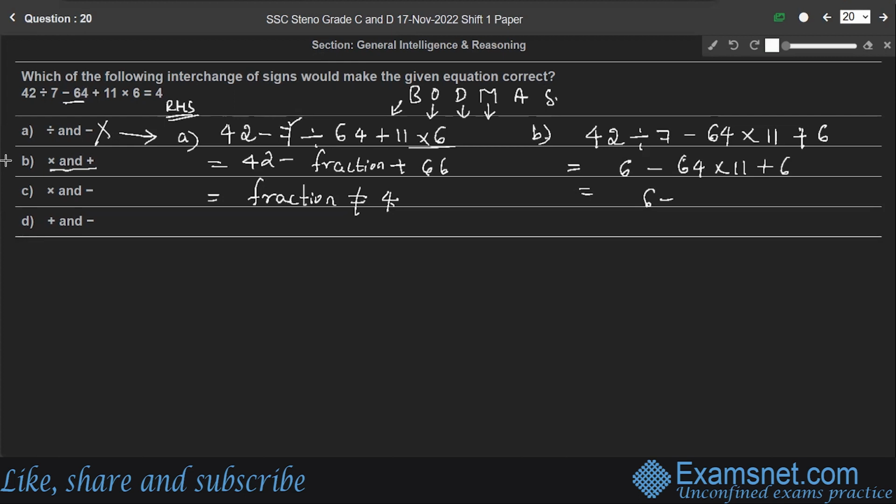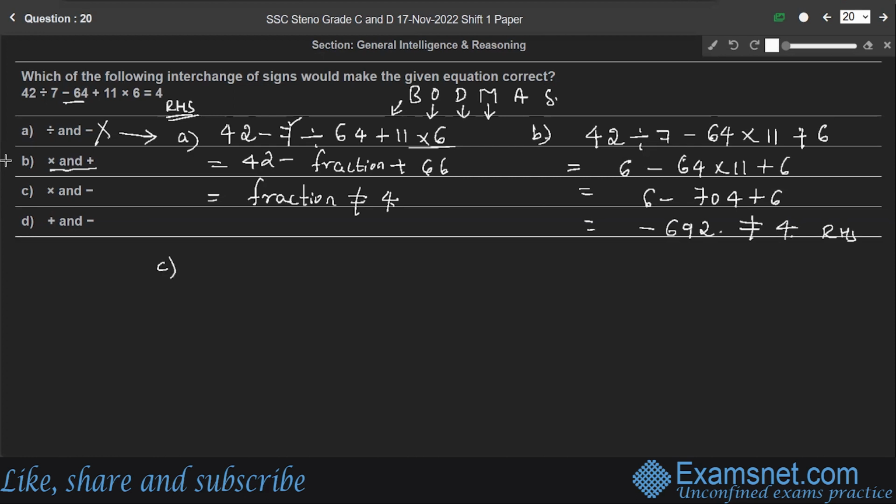You can try this. 64 into 11 is 704, plus 6, so 6 minus 704 plus 6 gives minus 692, which is not equal to 4, not equal to RHS.